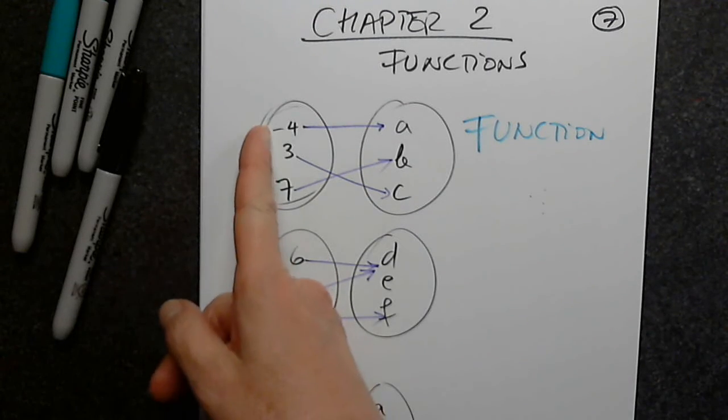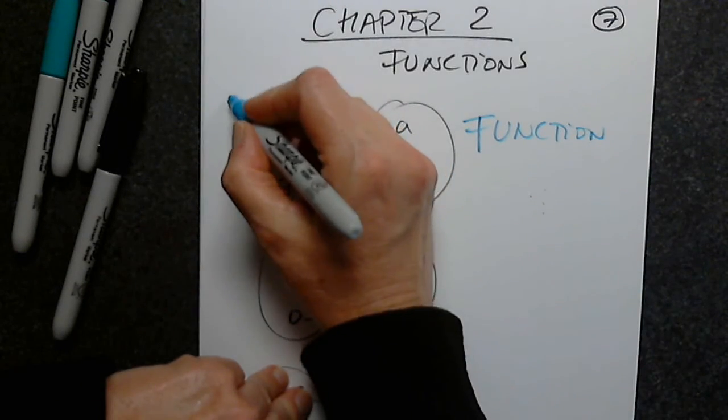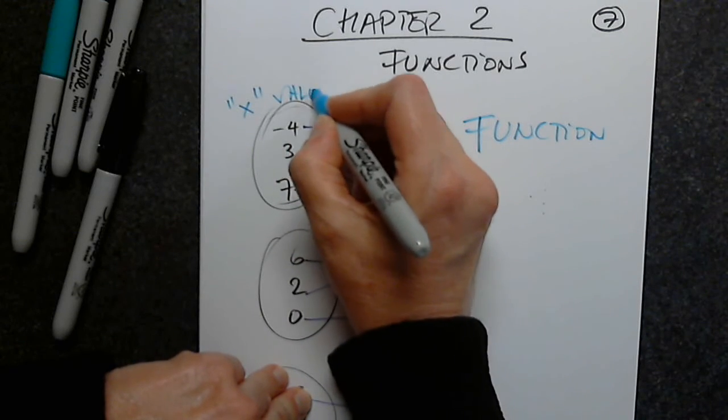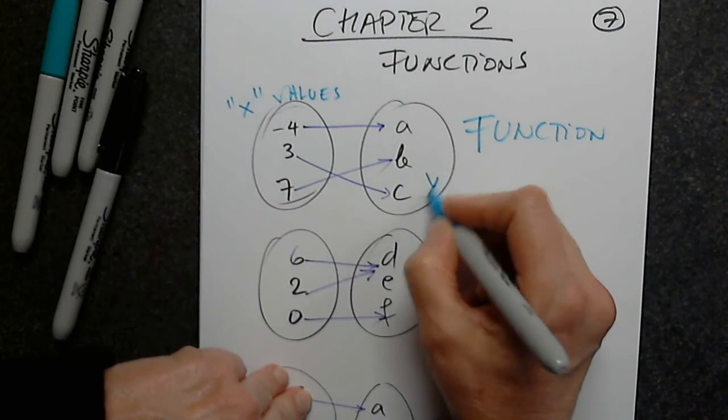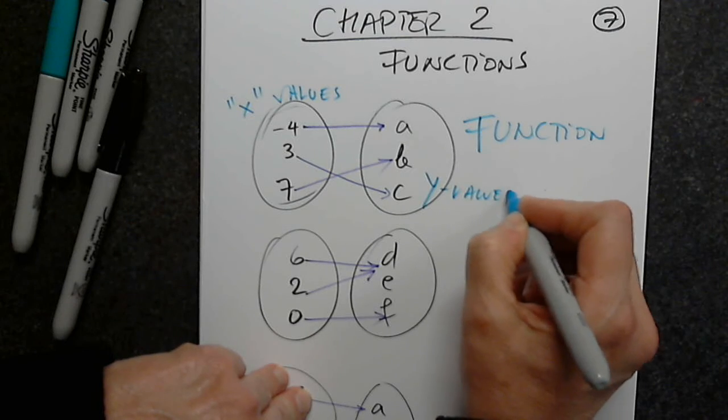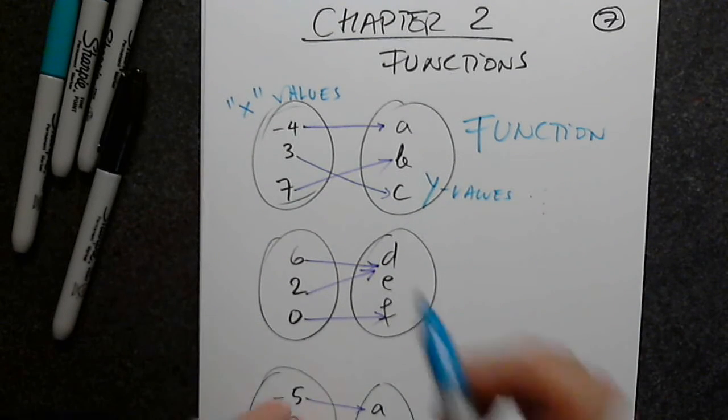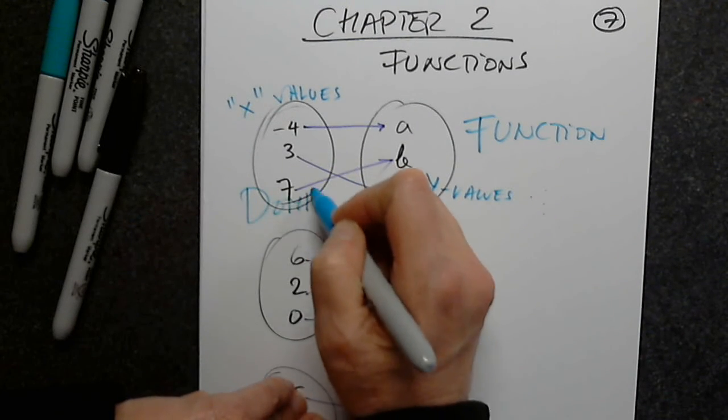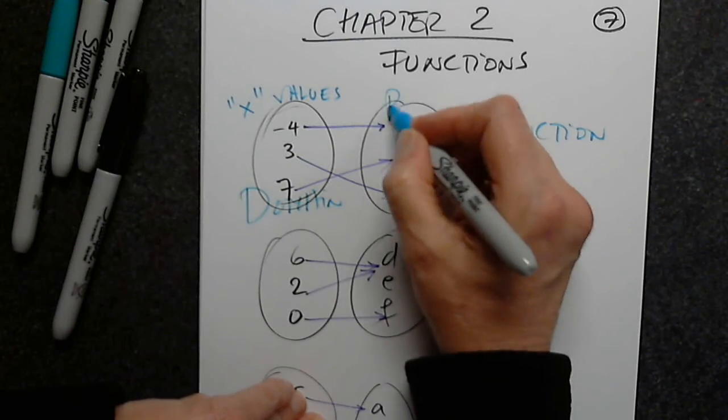Each x, these are the x values. And of course, these are the y values. This is called domain. And this is called range.